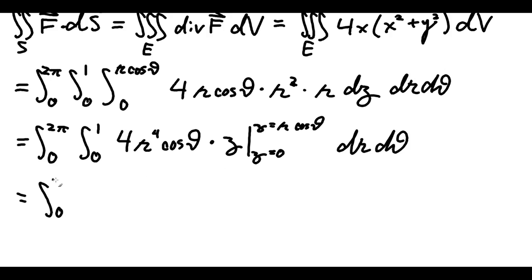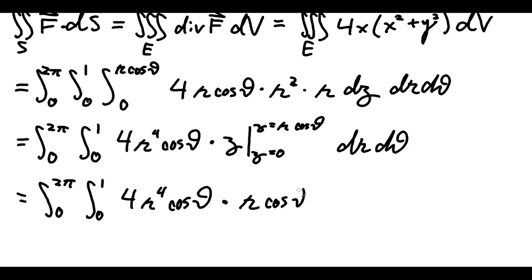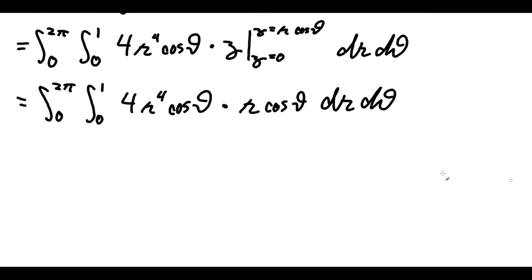So we have the integral from 0 to 2 pi of the integral from 0 to 1 of 4r to the 4th cosine theta times, that's going to be r cosine theta minus 0. This is r cosine theta dr d theta. And this now is nice because we can finally separate this, right?